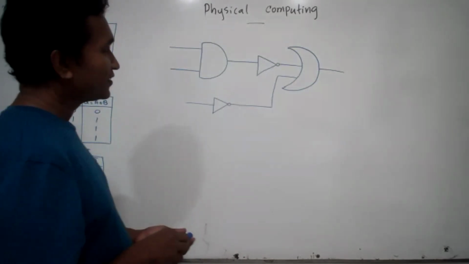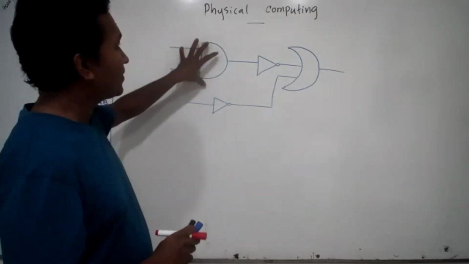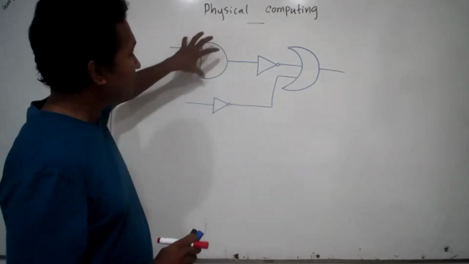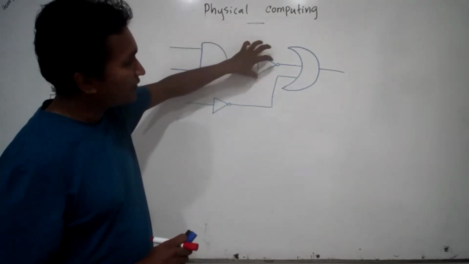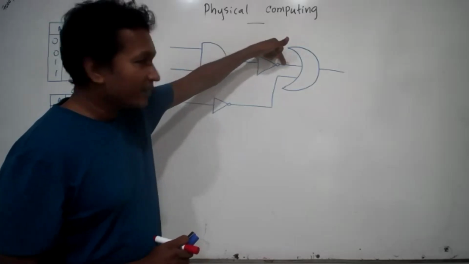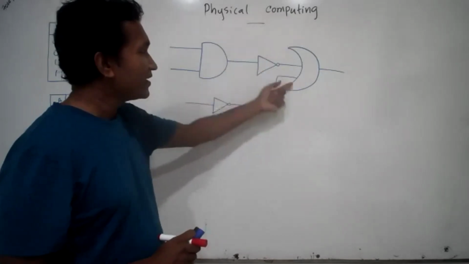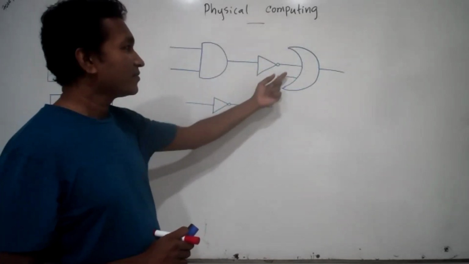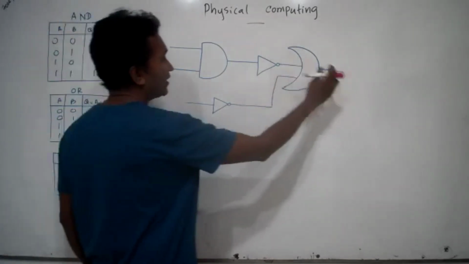So it is simple. First you solve part by part. First, you get the output of this AND gate, and this will be the input to this NOT gate. Then take the output of this NOT gate, and this will be the input for this OR gate, so these will be the two inputs to this OR gate.